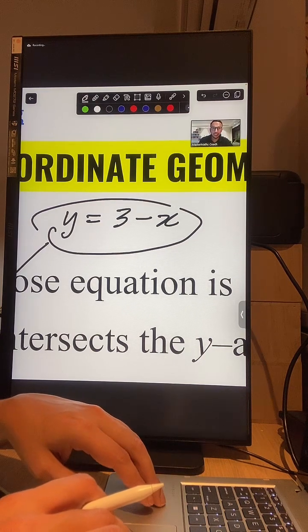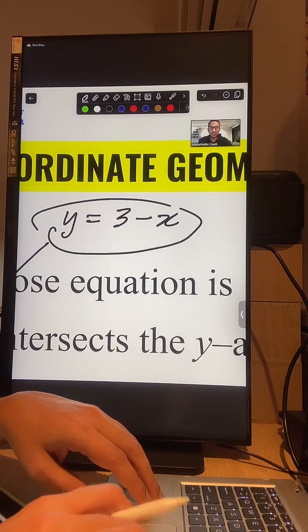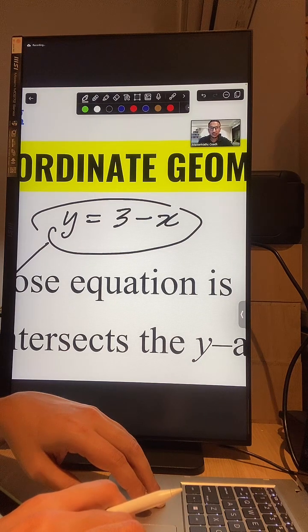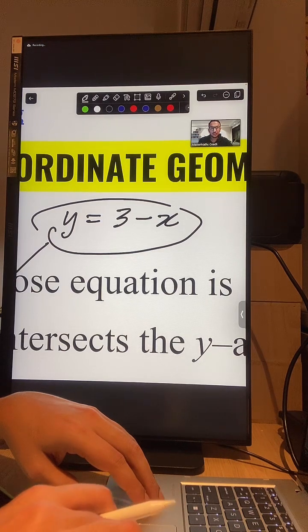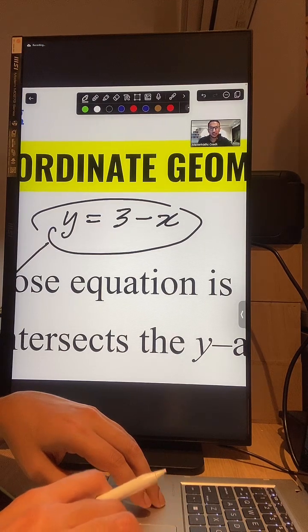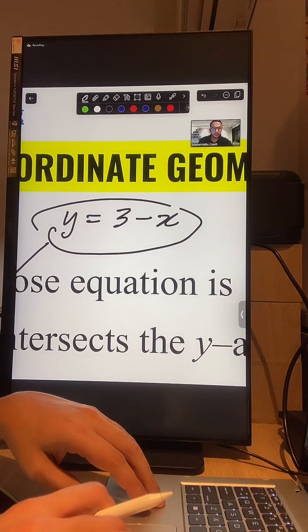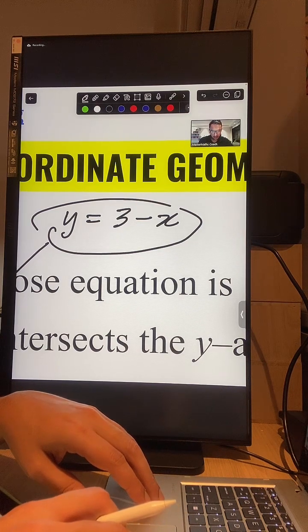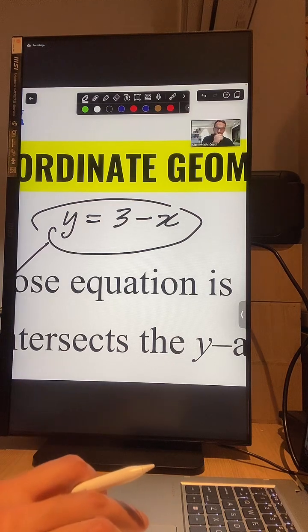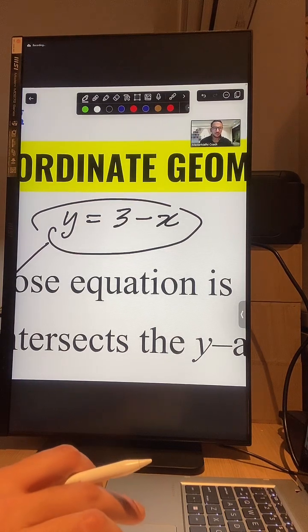The m here is not 3. Let's see if anybody on TikTok can tell me. Mr. Phenomenal has got it correct. The m is minus 1.